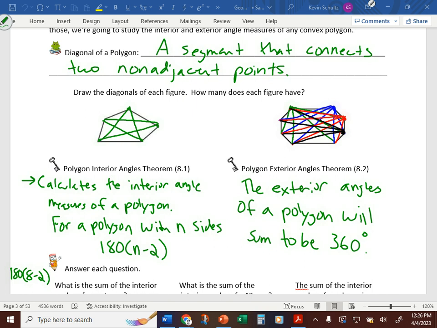The exterior angles of a polygon will always sum to be 360 degrees.